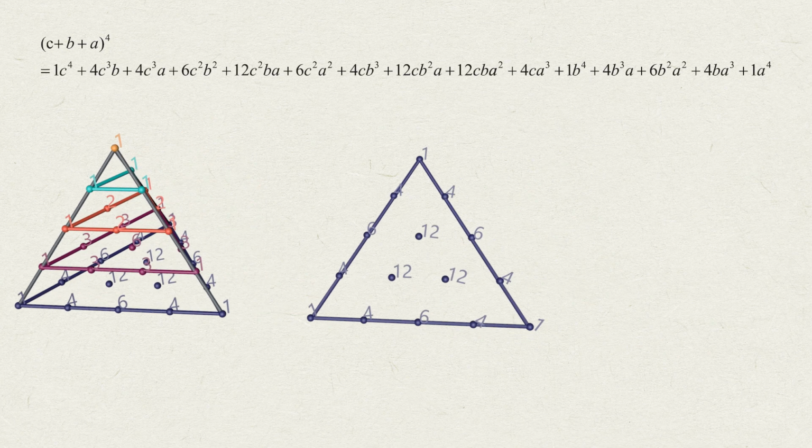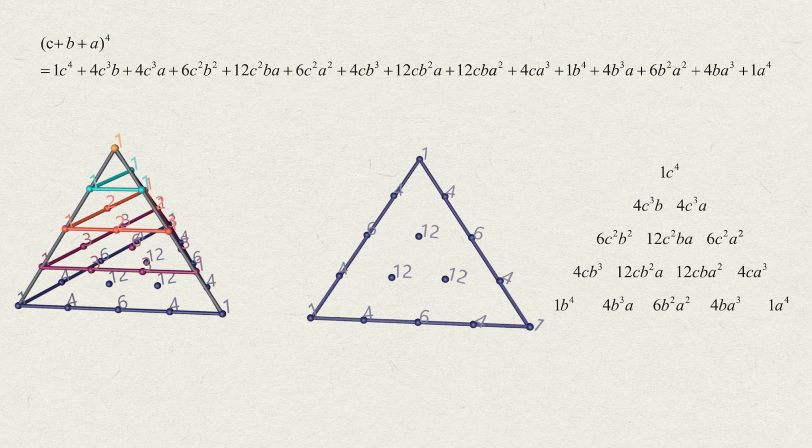Check out how these terms correspond to the 4th level of the tetrahedron if we arrange them in this pattern. Again, notice we are using the 4th level of the tetrahedron, since we are raising c plus b plus a to the 4th power. And if we looked at the exponents on the variables, for example, the one we see here with 12c b squared a, the exponents always add up to 4, which we would expect.